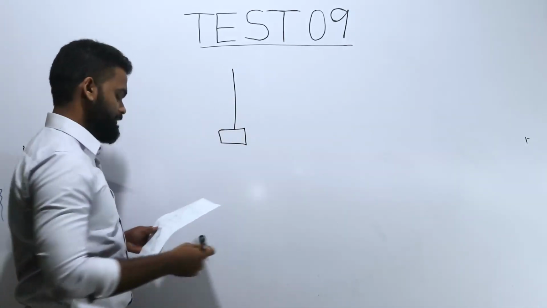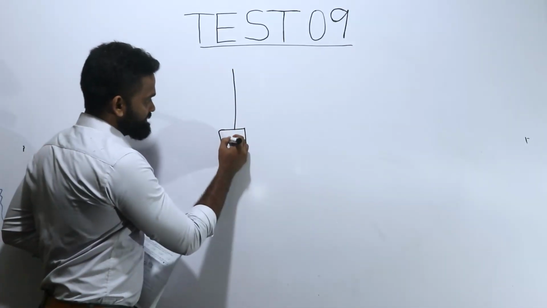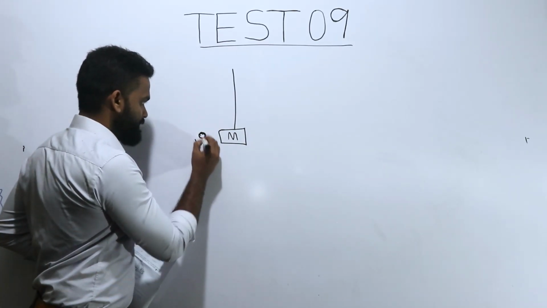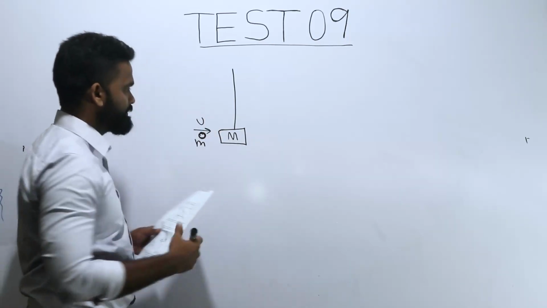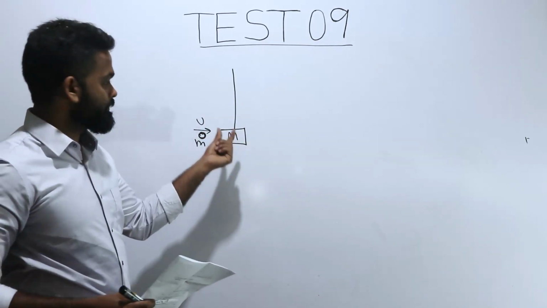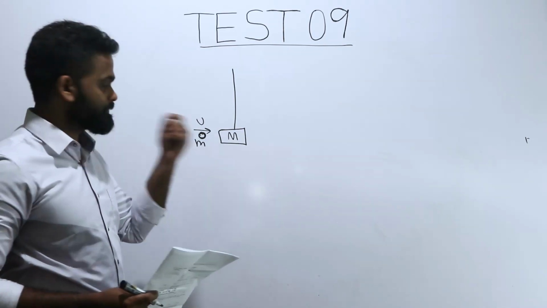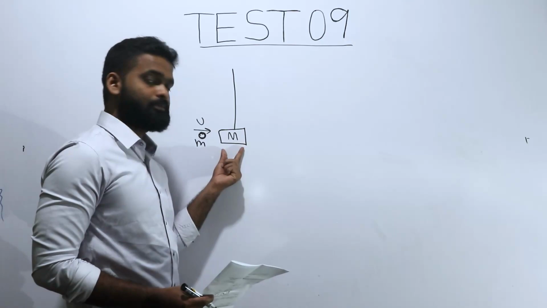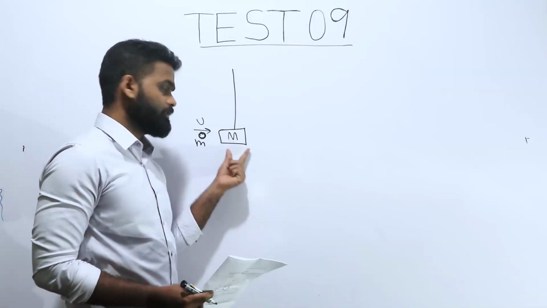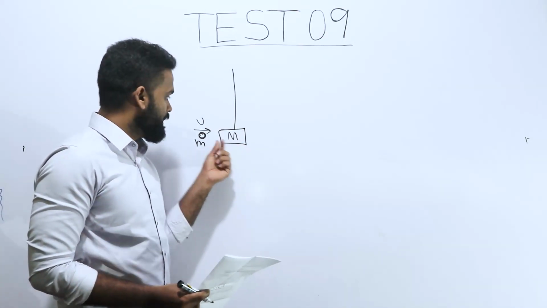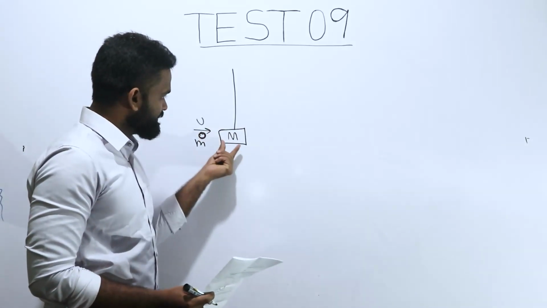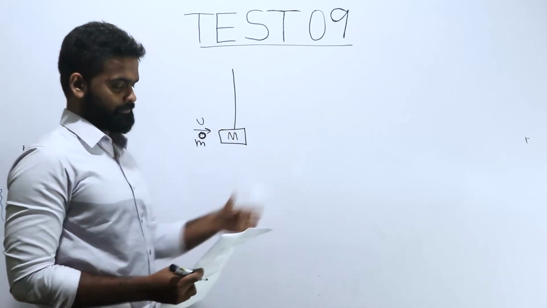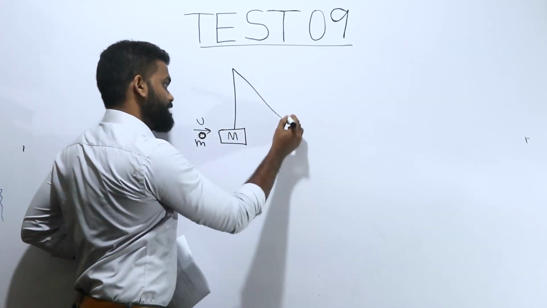Okay, so this is the pendulum that has a mass capital M. Then the bullet with mass small m moving at small v collides with this pendulum. So what could happen? Initially the velocity of capital M is 0. Then due to the collision, it gains a velocity. Then it moves upward somewhere here.